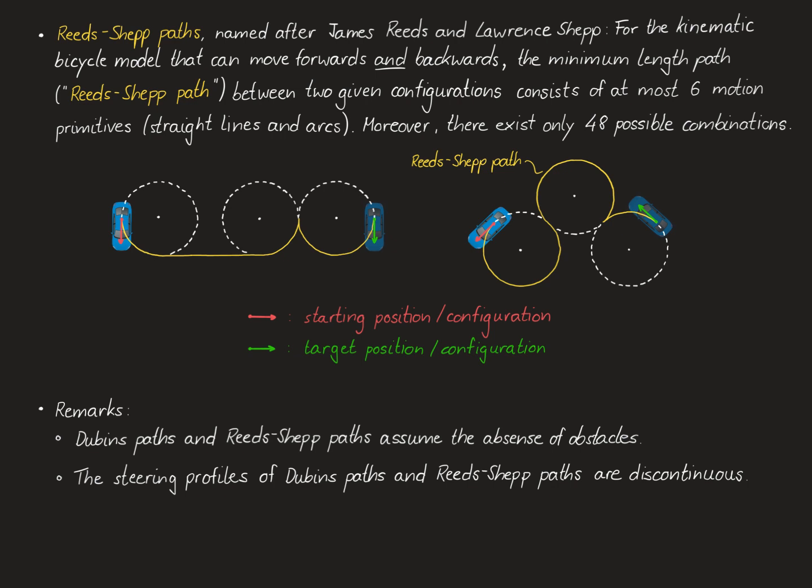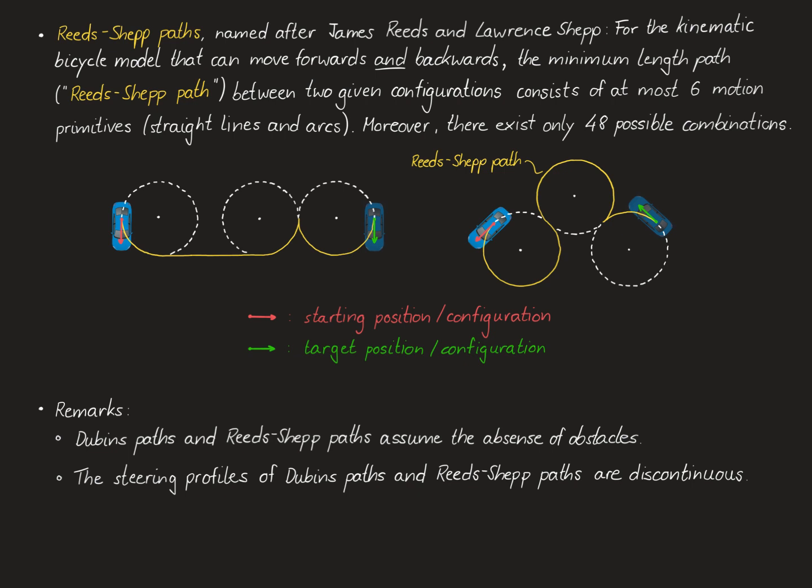In the second scenario, we have the maximum steering angle to the left, then the steering angle jumps to the maximum steering angle to the right, and then again the maximum steering angle to the left. In practice, this causes at least 2 problems. 1, following these paths requires a lot of steering efforts, and the steering profile does not seem very intuitive for the passengers.